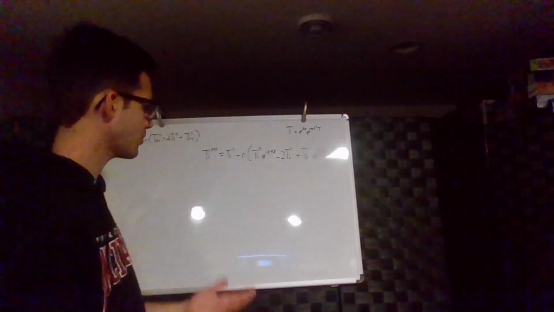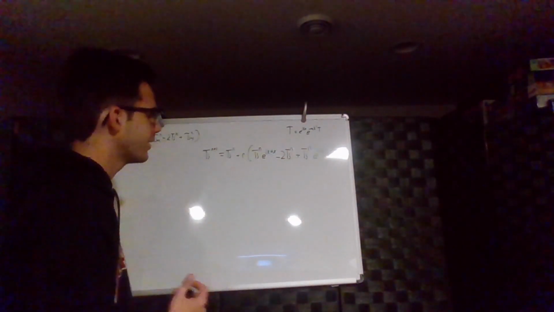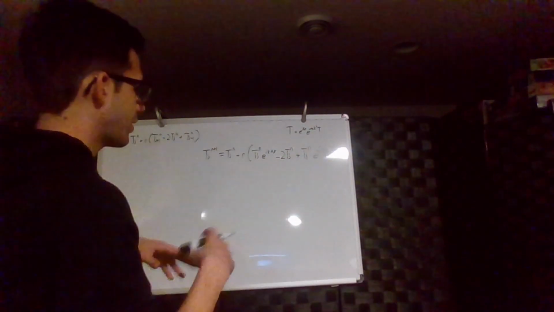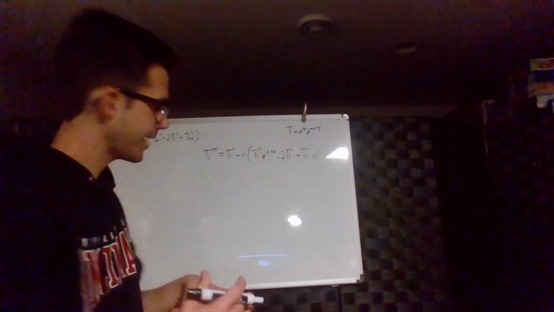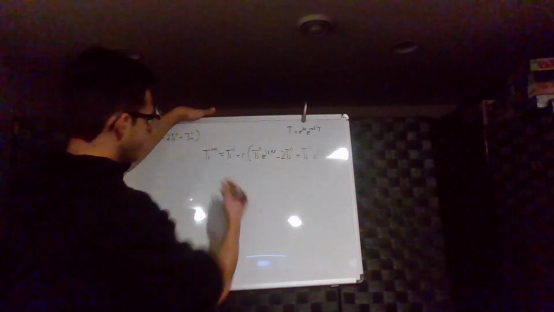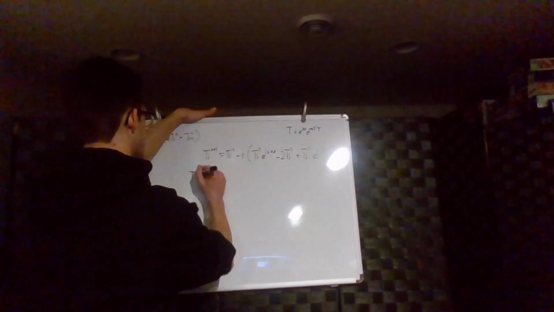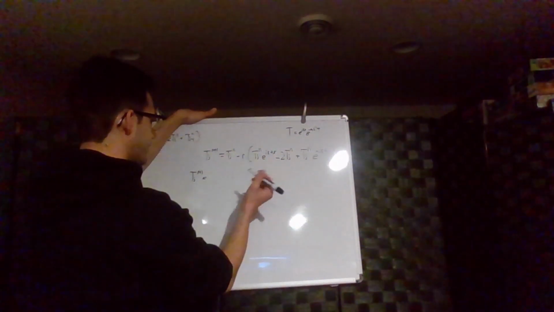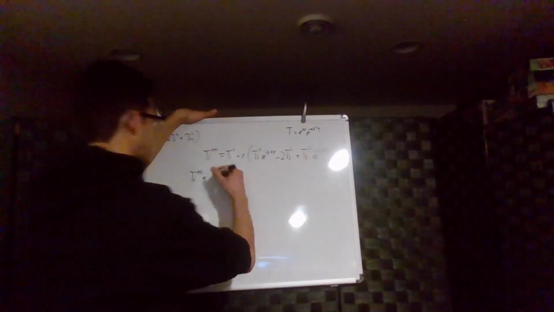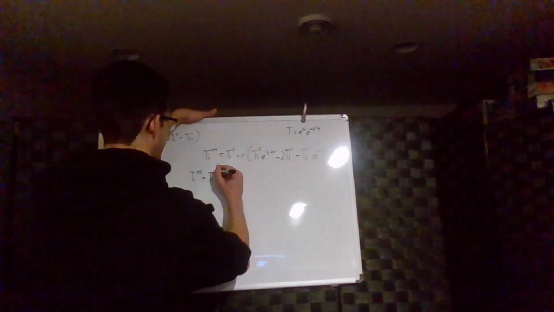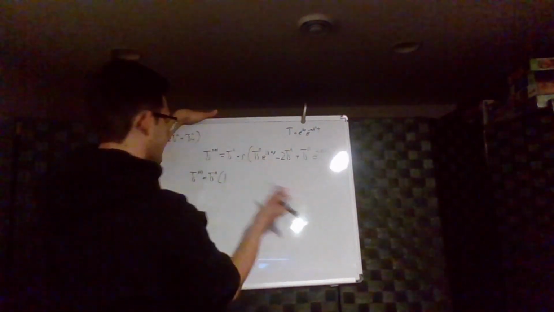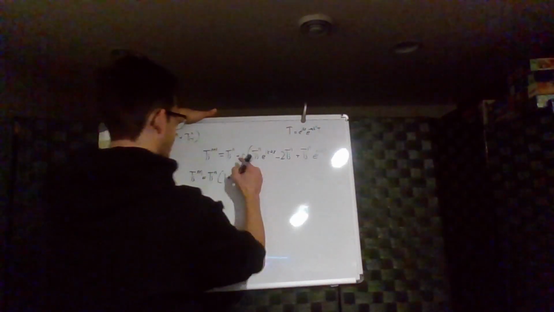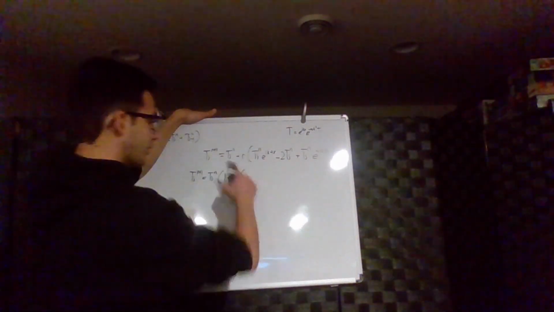Now that we have subbed in all of our T's in the appropriate spot, we're going to factor out our Tj to the n here and simplify this a little. So our temperature at some position j at time step n plus 1 is going to equal, factoring out all of our Tj's to the n, 1 plus r, just keeping that r here, and that's going to end up simplifying.